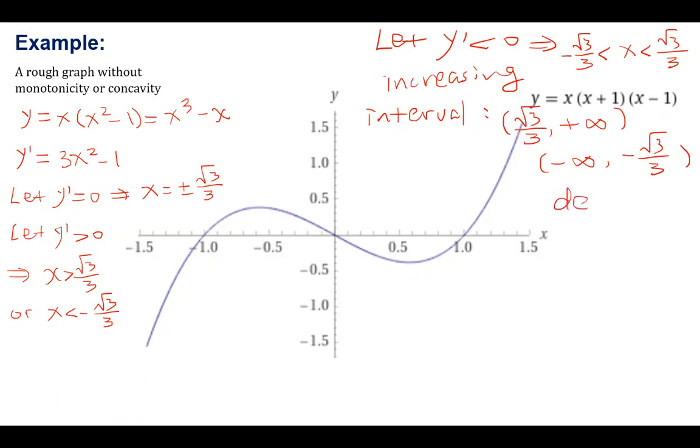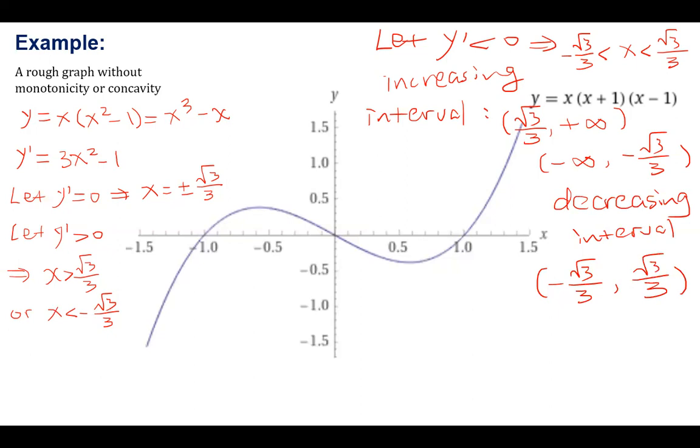And the decreasing interval is from negative square root of 3 over 3 to positive square root of 3 over 3, right? And at x equals either positive or negative square root of 3 over 3, those are the critical points.